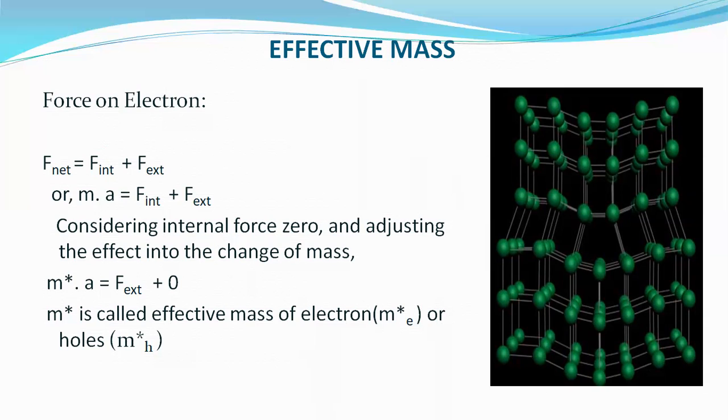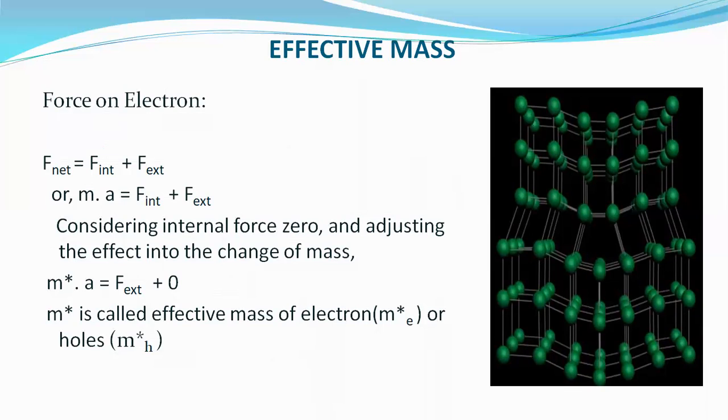Let's consider you have a semiconductor material and you are applying some external potential on it. What will happen? The electron, due to this external potential, will get some energy, but the entire energy you have applied externally will not act on the electron to accelerate it, because some energy gets wasted in removing the electron from its binding forces.